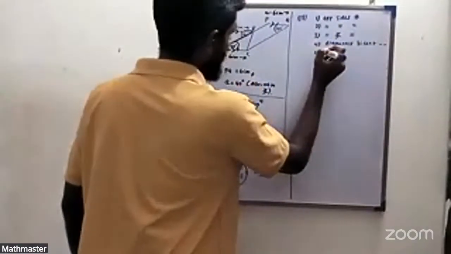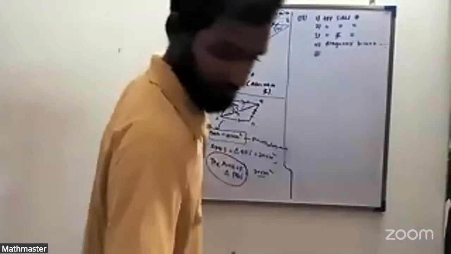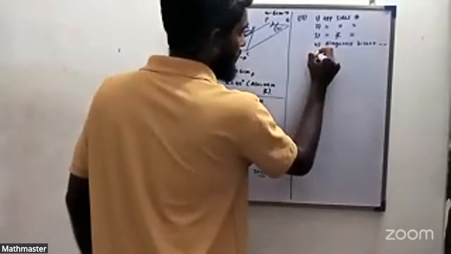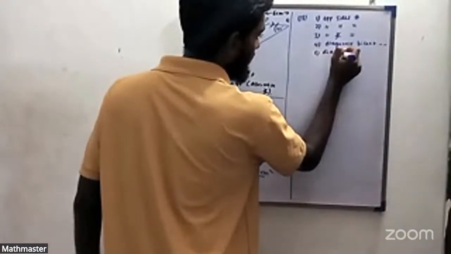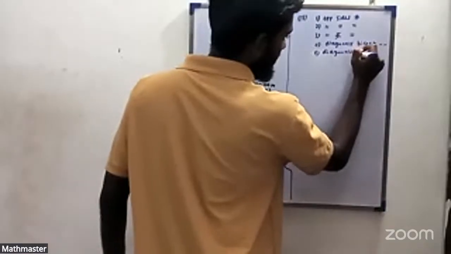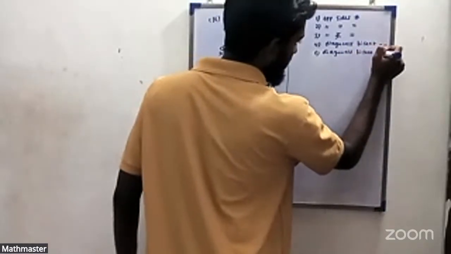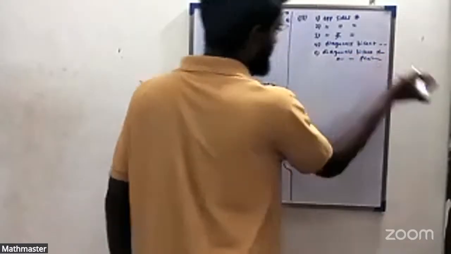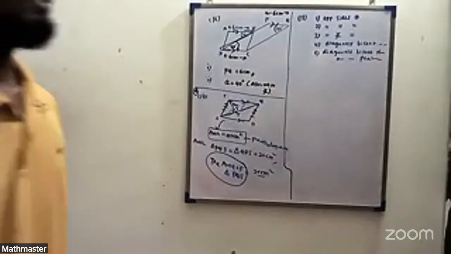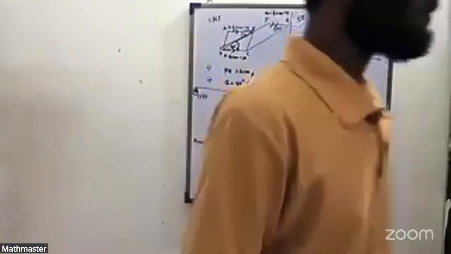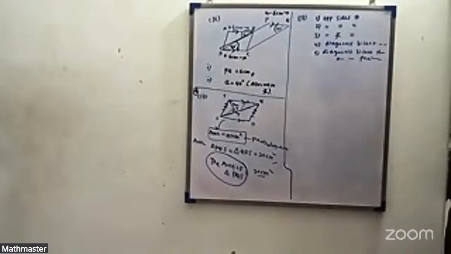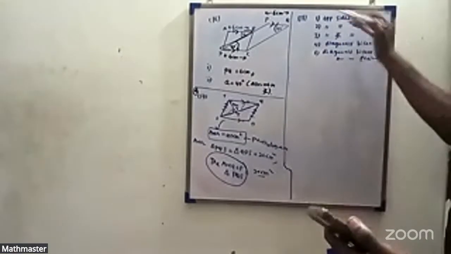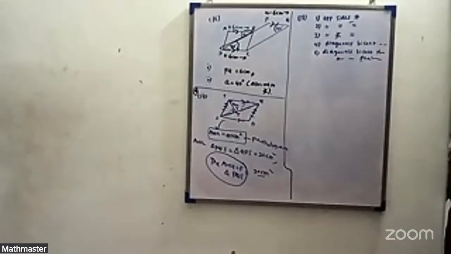And the fifth property, the diagonals bisect the area of the parallelogram. These 5 should at once come to mind when they say properties of parallelograms. Understood? They ask for 2, so you can write any 2 from these 5.